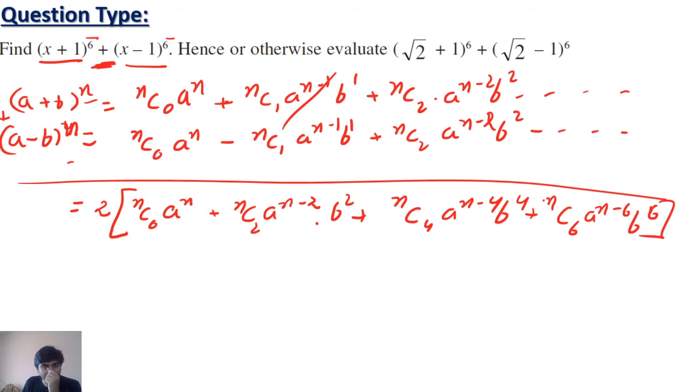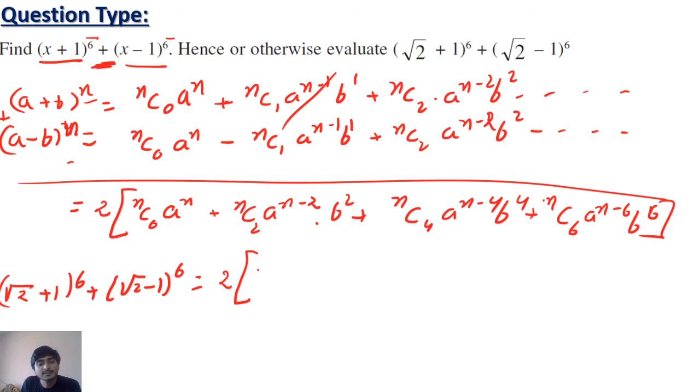Now it is 6, right? So if it is 6, then what will happen: (root 2 + 1)^6 plus (root 2 - 1)^6. That will become how much? 2 times nC0. nC0 is nothing but 1, into root 2 to the power n, that is 6. Is it clear?